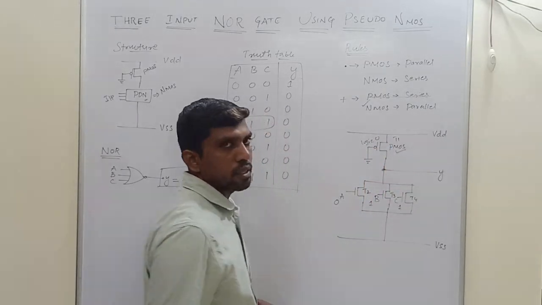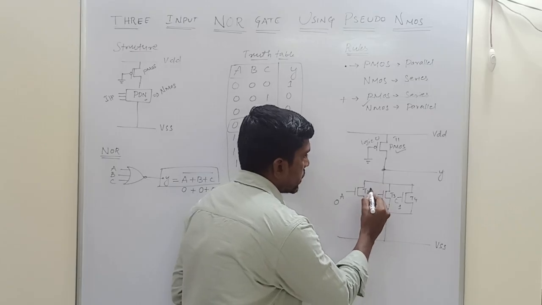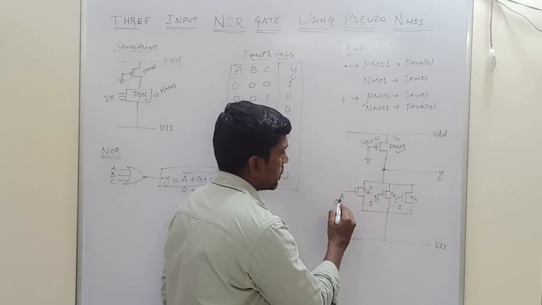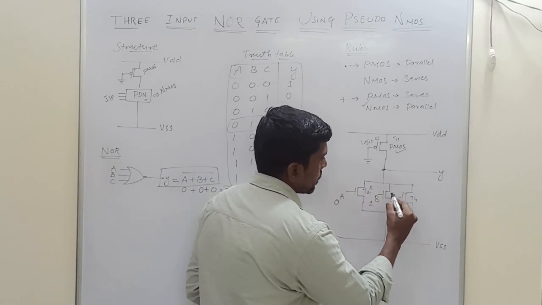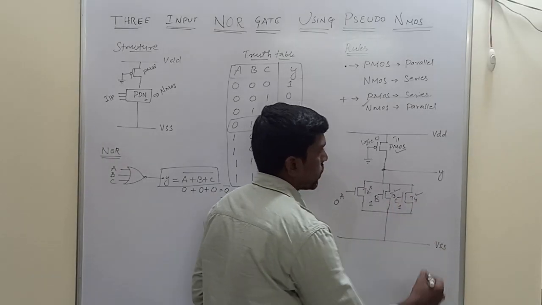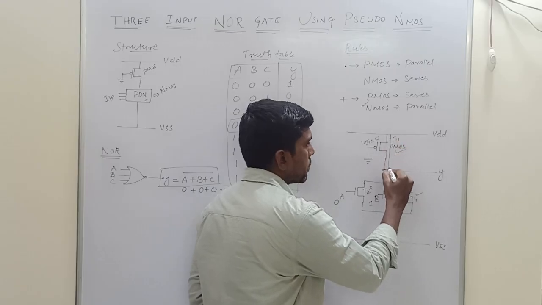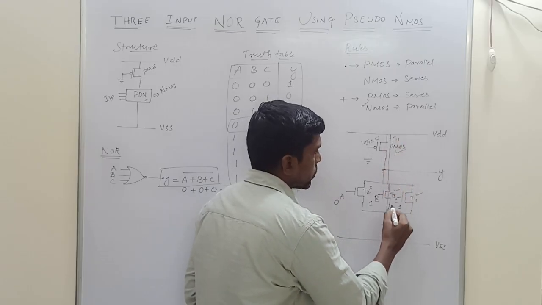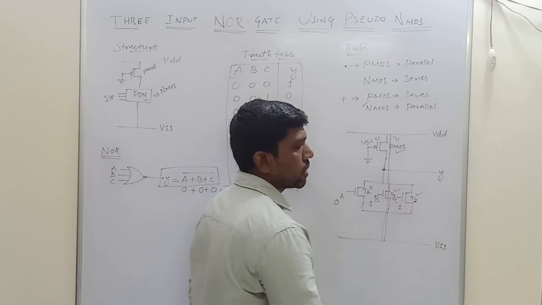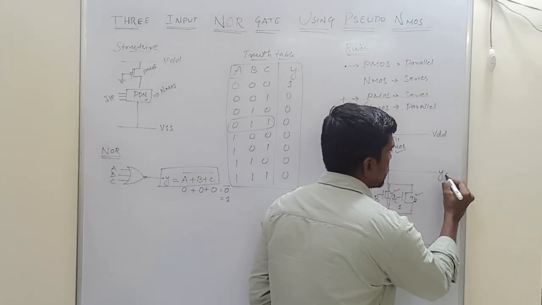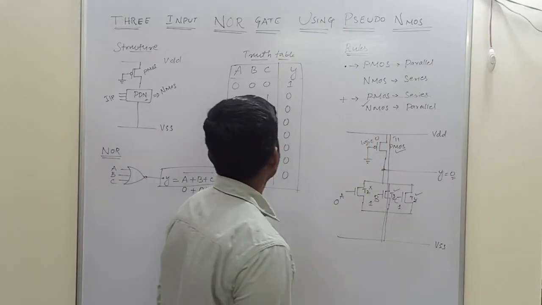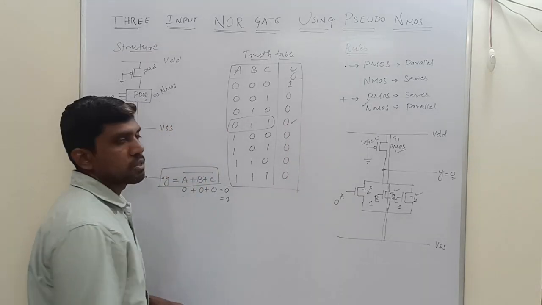The T2 transistor turns off because its gate value is 0. The T3 transistor turns on and the T4 transistor turns on. So in this case, VDD is connected to ground through the transistors T3 and T4. The corresponding output is 0.